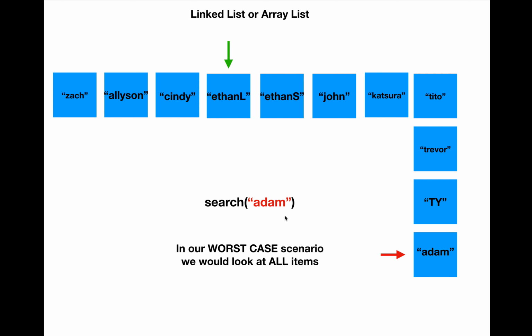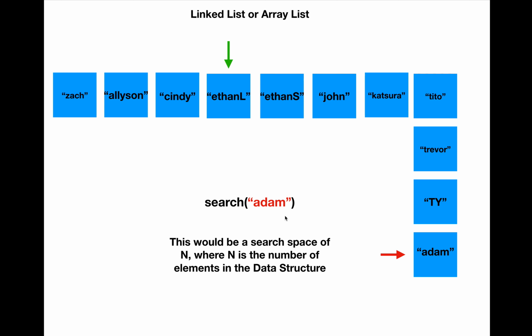Our worst case would make us look at all of the items, say with a for loop or some other iterator, so we end up with a search space of n. We would have to look at every single element in the data structure in the worst case to find what we're looking for. So at most, our search space would be n, the number of elements inside of the data structure.